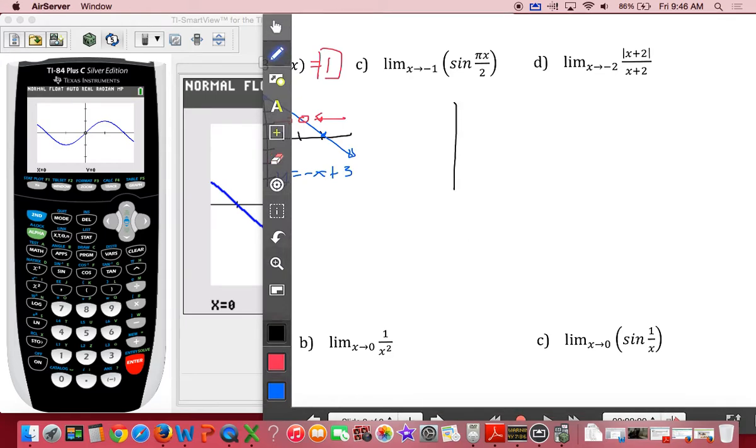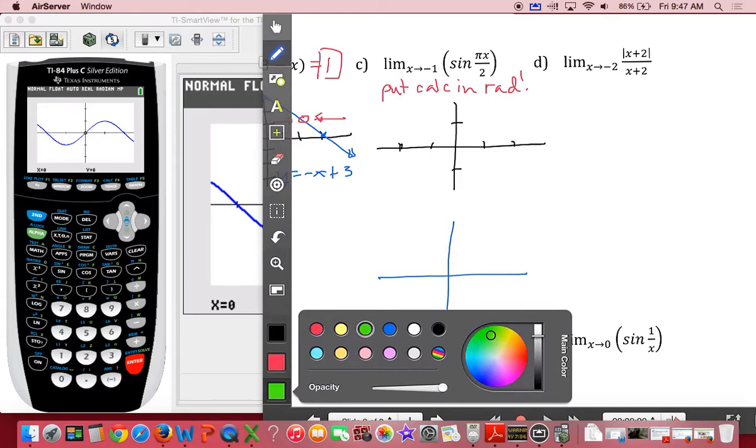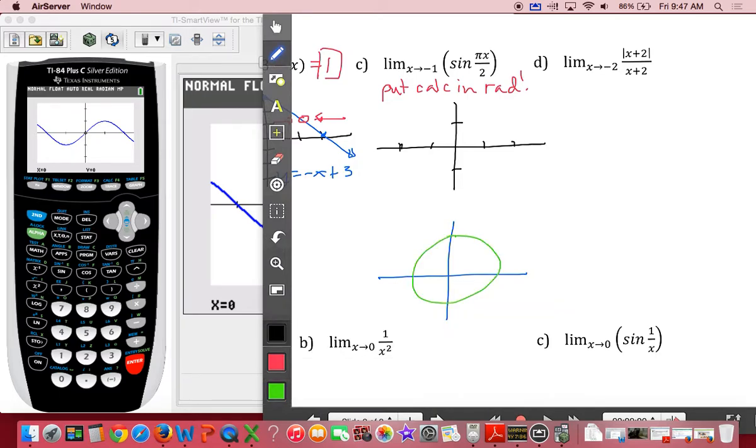Yeah, it is pi over 2. Write yourself a note that your calc is in radian mode. And then we have 1, 2, 1, 2, 1, and 1. So on our unit circle, this is 0.